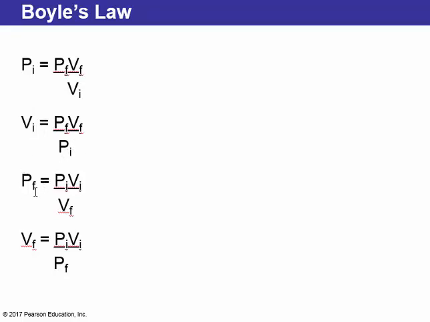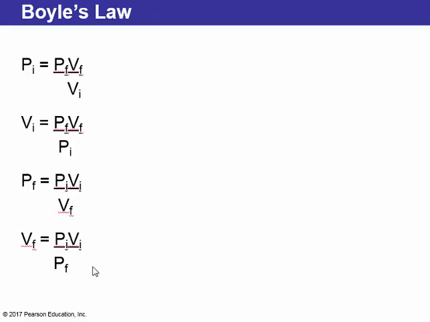If you're solving for the final pressure, then you must be given the initial pressure, the initial volume, the final volume. And if you're solving for the final volume, you must be given the initial pressure, the initial volume, and the final pressure. So there are 4 variables, and once you clearly identify what you're given and what you're solving for, then you just plug it in correctly to one of these 4 equations.